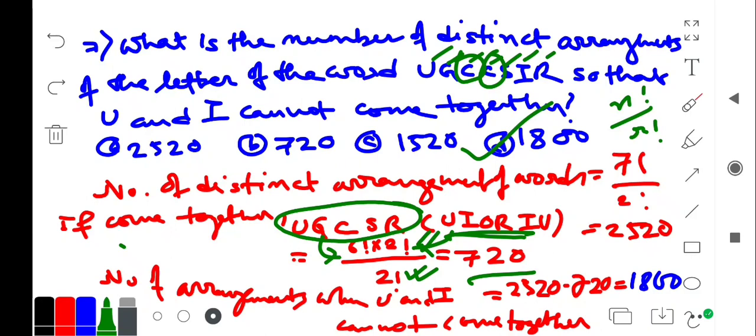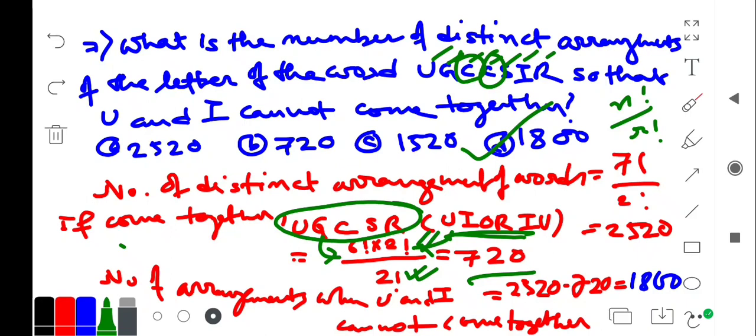এবার 720 suggests that you and I come together, 720 বলতে কি বোঝায়, যখন you and I পাশাপাশি থাকবে। এবার আমাকে বার করতে বলছে you and I cannot come together, you and I কখন পাশাপাশি থাকবে না। So in that case, the number of arrangements when you and I cannot come together is equal to the total arrangement 2520 minus the possibility when they come together, 720.